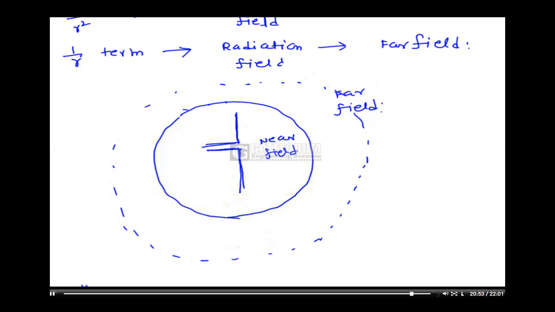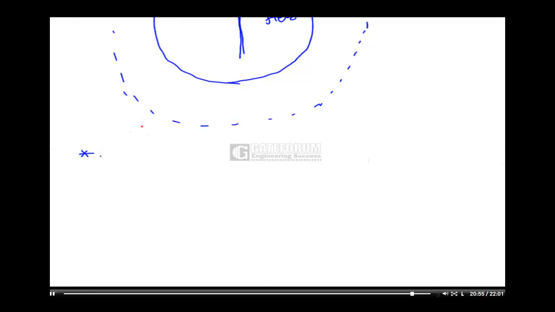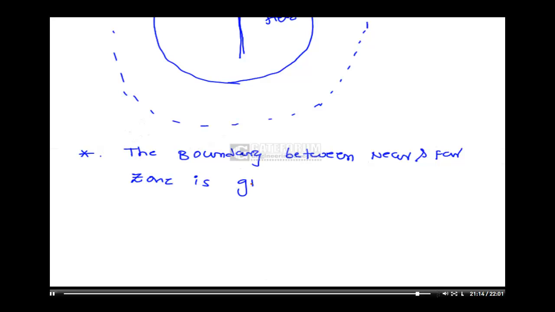Another important point is the boundary between near and far zones, that is, which is far field and which is near field. The boundary between near and far zones is given by the value r.